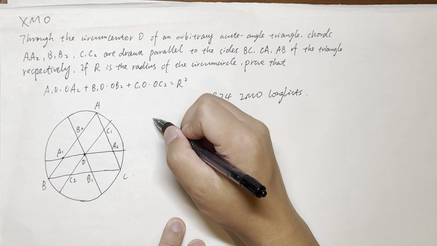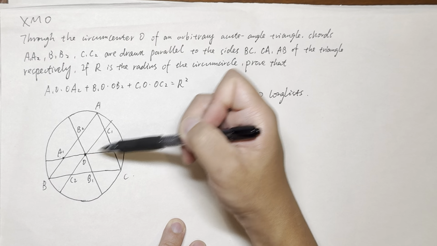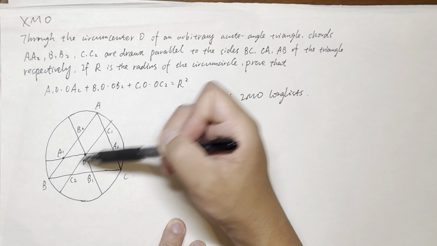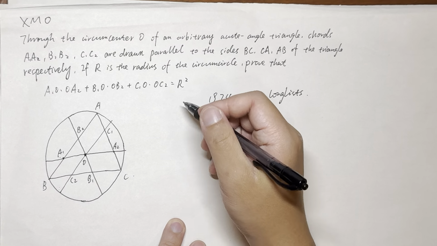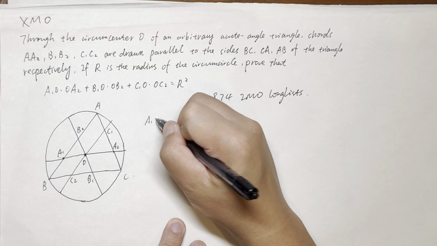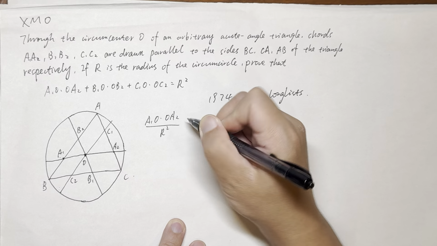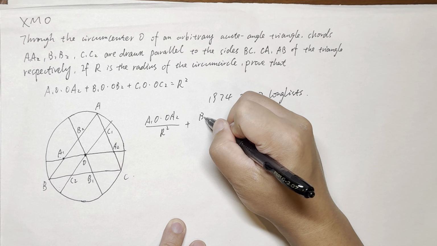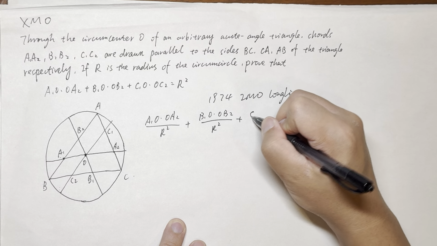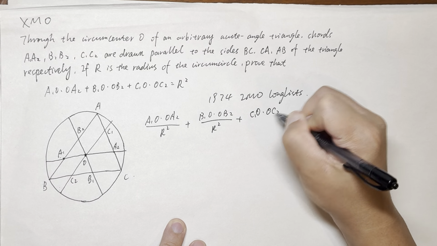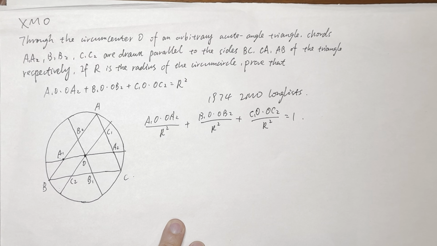Now we want to prove that OA1 times OA2 plus OB1 times OB2 plus OC1 times OC2 equals 2R squared. So basically we want to prove OA1 times OA2 divided by R squared plus OB1 times OB2 divided by R squared plus OC1 times OC2 divided by R squared equals 2, right?